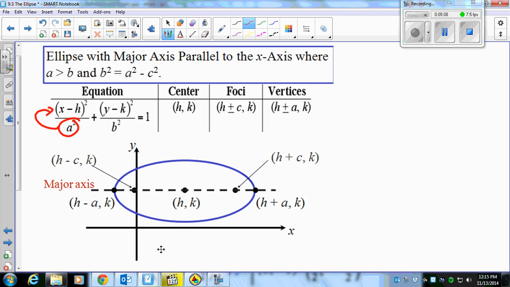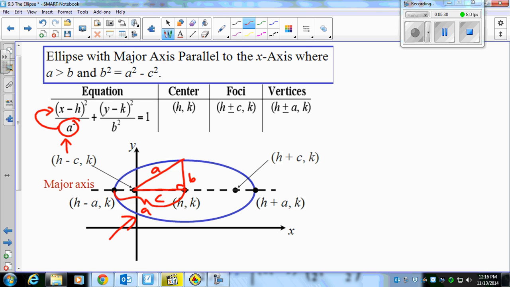They're not directly corresponding to our Pythagorean theorem. They correspond to our graph, where the distance to the foci is c, the distance to the minor axis is b, and this whole distance here is a, which is also that same distance there. Then we get the relationship between the three variables. But notice our a will always be our major axis.